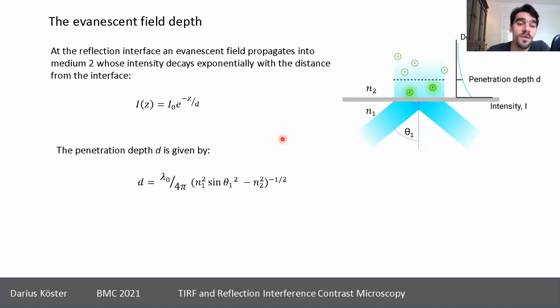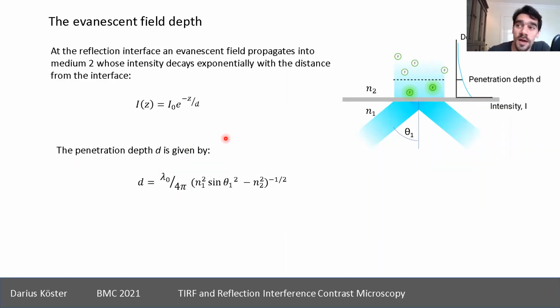Otherwise, you might change the depth of penetration, and that will change what you can detect, how far you can actually detect molecules within a cell or within your sample. So this is about the penetration depth.